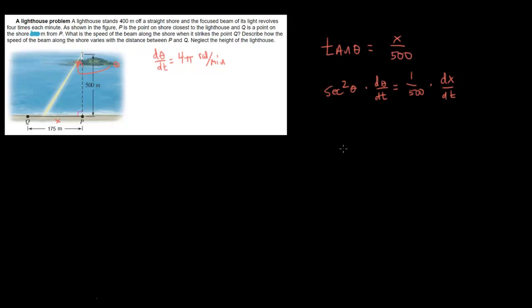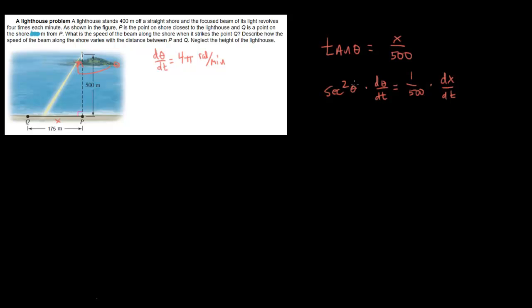Now let's see here. We have a secant squared theta. We have d theta dt. Well, we know what d theta dt is. That's just 4 pi. We're solving for dx dt when the base of this triangle is 175 meters.